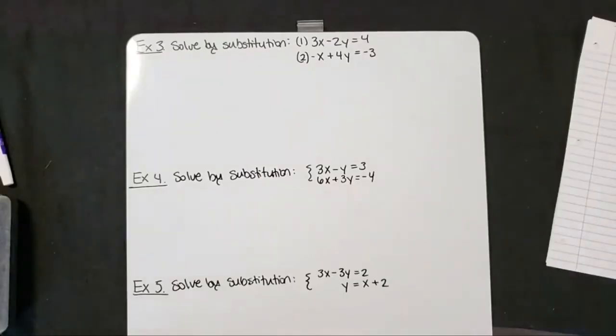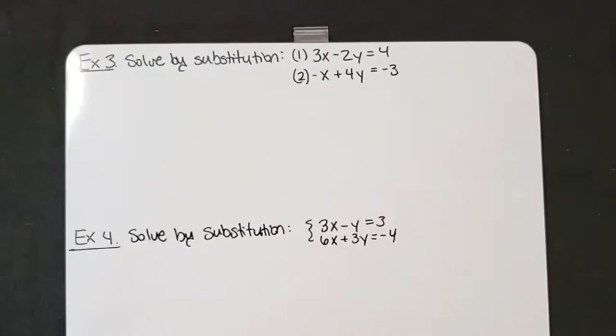All right, let's work these out. With example 3, what's the first thing we need to do? Okay, so y'all want to solve the second equation for x or y.